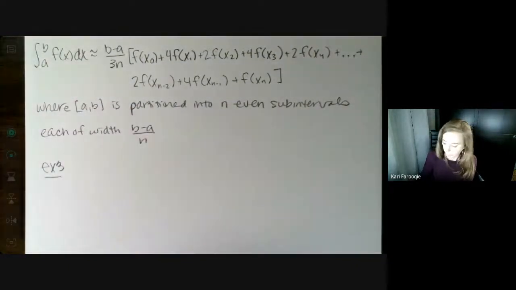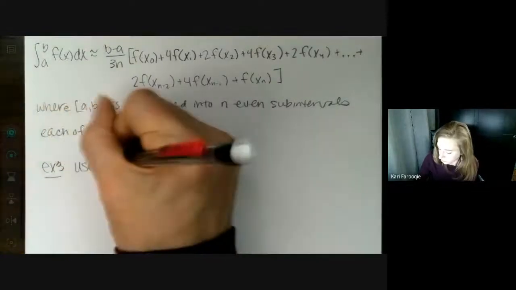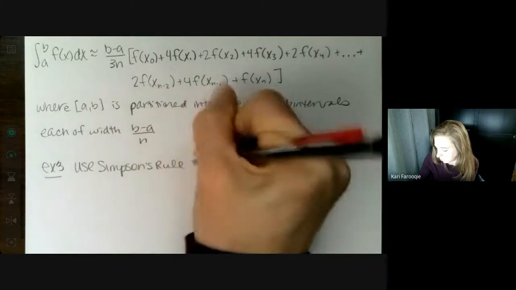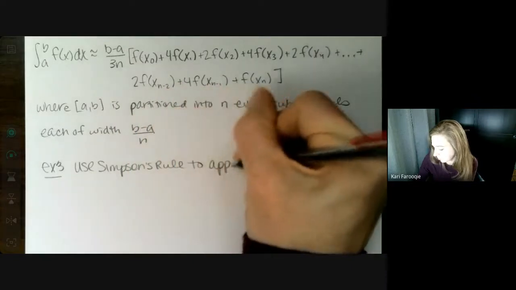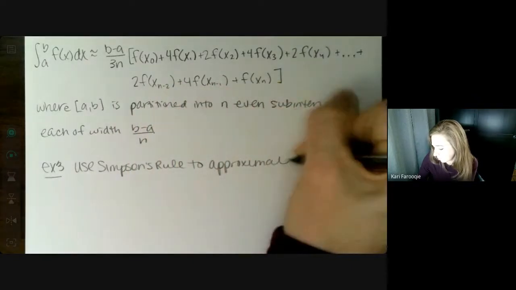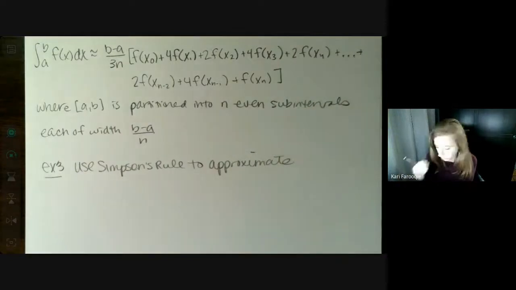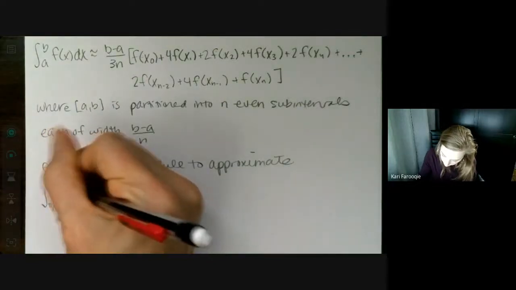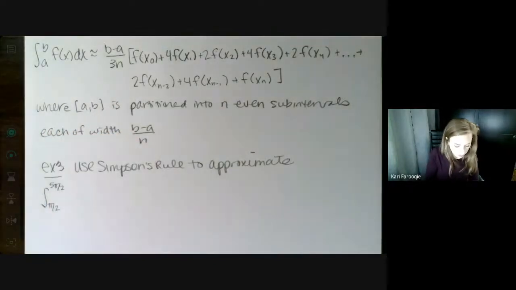Example 3, use Simpson's rule to approximate. I'm going to give you a trig function here. This is going to be the integral from pi over 2 to 5 pi over 2. Oh, you know what?